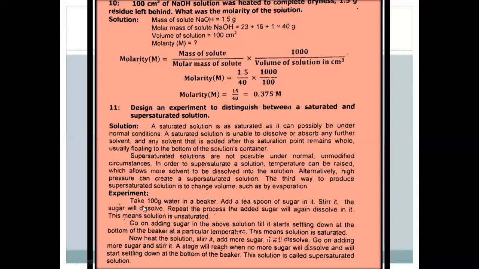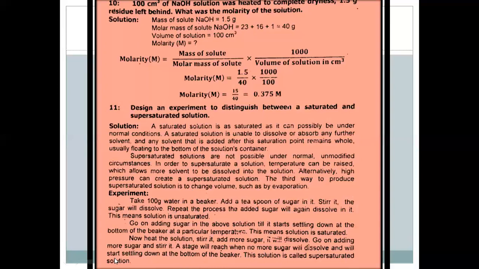So the experiment is: take 100 gram water in a beaker, add a teaspoon of sugar in it, stir it, and then the sugar will dissolve. Repeat the process by adding more and more sugar in it until the extra settles down at the bottom. Now heat that solution and start adding the solute or sugar again until you reach the state when the extra sugar settles down at the bottom.